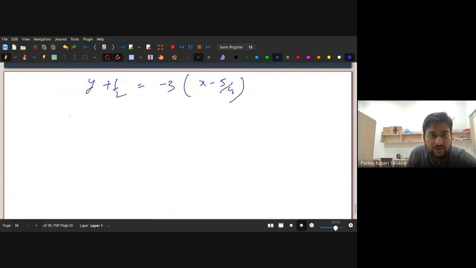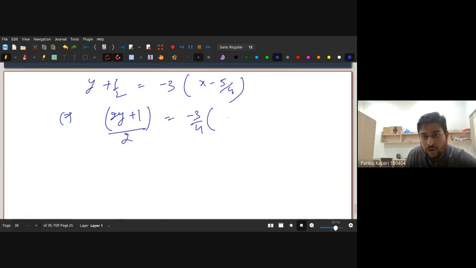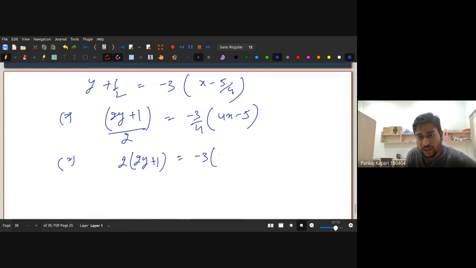If we simplify this, then we will get 2y plus 1 divided by 2 is the same as minus 3 divided by 4, in the bracket 4x minus 5. Then we'll have 2 times 2y plus 1 equal to minus 3 times 4x minus 5.